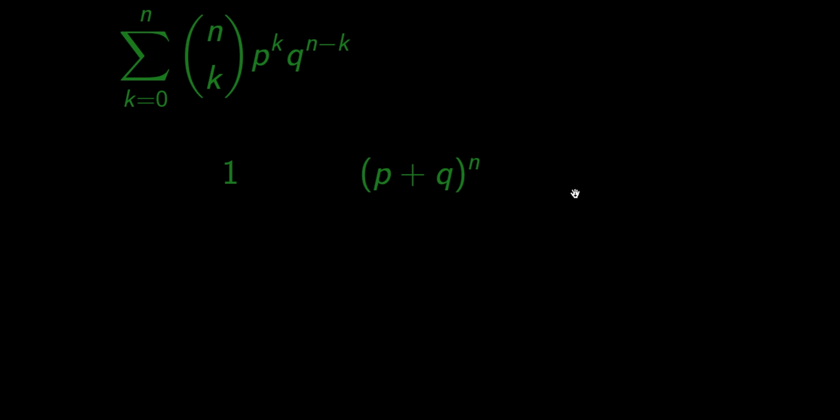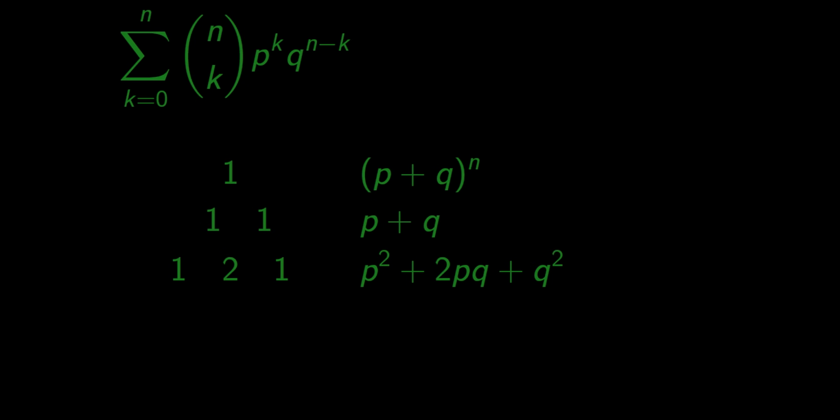If n equals 1, it is just p plus q. We write 1 and 1, which are the coefficients of p and q. Nothing exciting yet. If n equals 2, the coefficients of the polynomial are 1, 2, and 1.